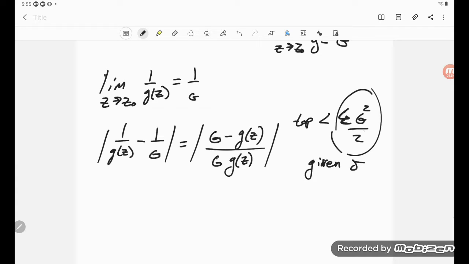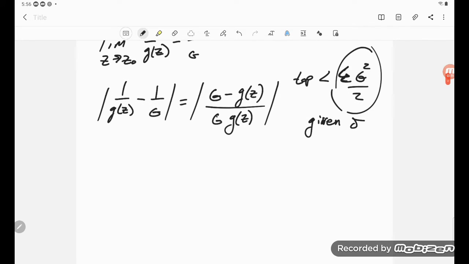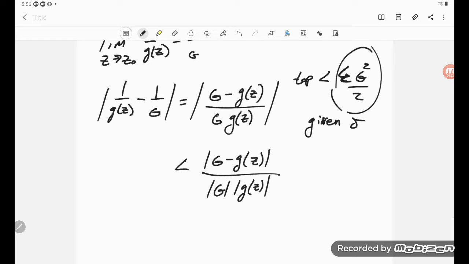Again, I'm just picking a number, but I'm going to call it epsilon times big G squared over 2. And the reason I'm going to do that is, well, so I know this is less than the absolute value of big G minus g of z divided by the absolute value of big G times the absolute value of g of z like that. Now, and back here, I better call this given delta 1.